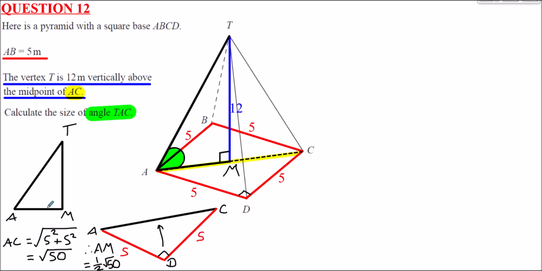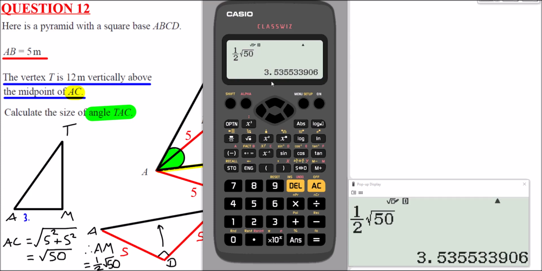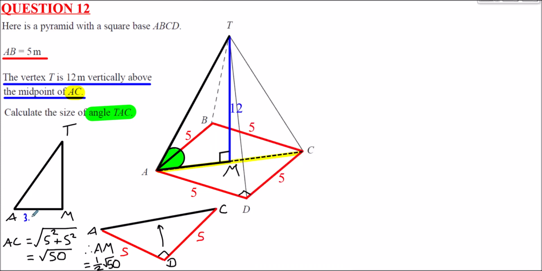So we're going to add this in here. I'm not rounding at this stage because this is not our final answer. So I'm just writing in from A to M this value, which is the decimal approximation of a half root 50. So we know AM. So let's just zoom in on this triangle TAM for a moment.